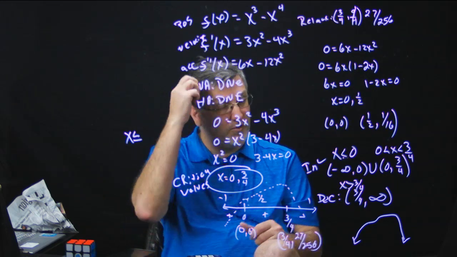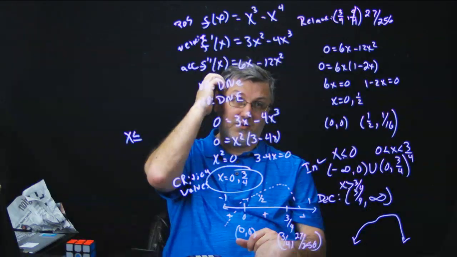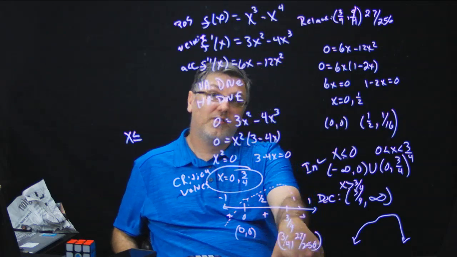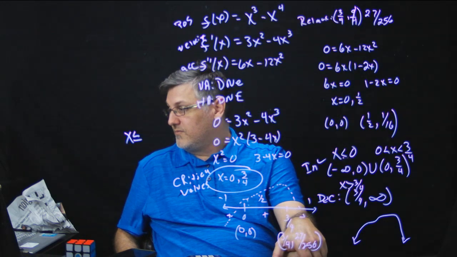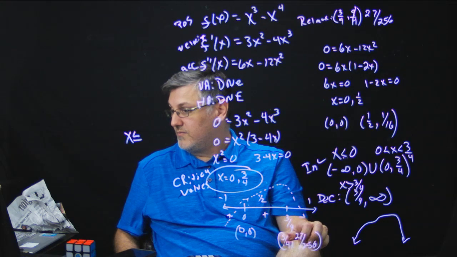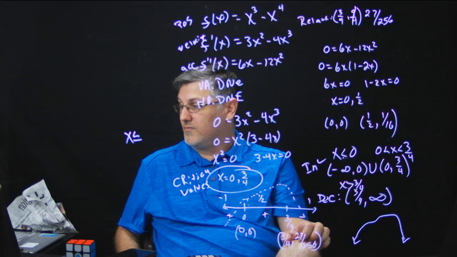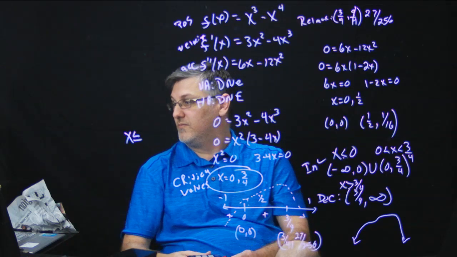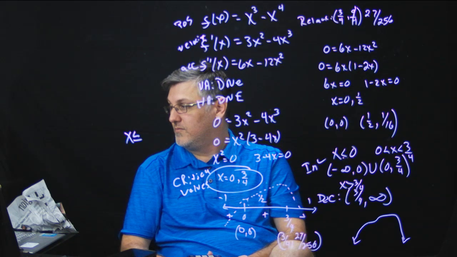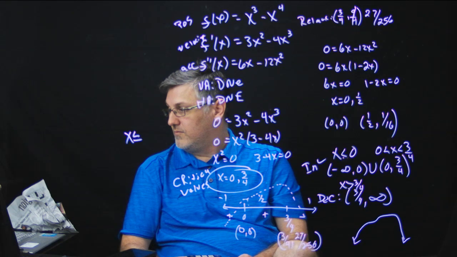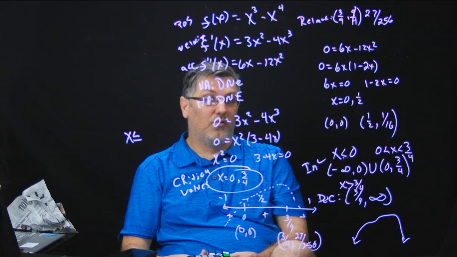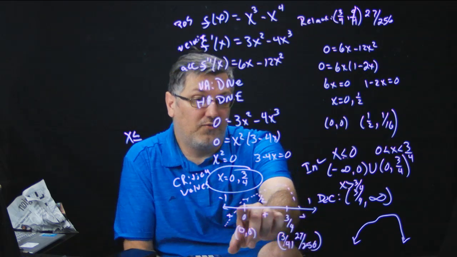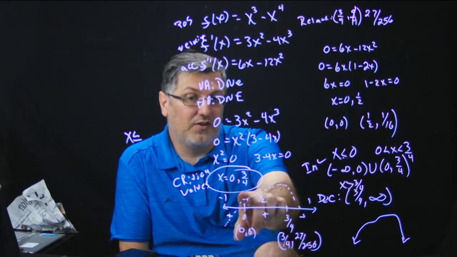I think I got pretty much the rest of the work here. All right, so if you look at the first derivative test here, same scenario as the other problem.